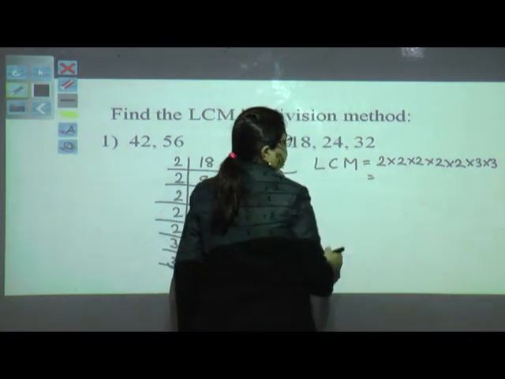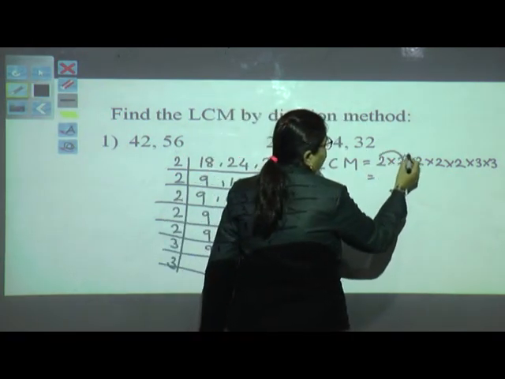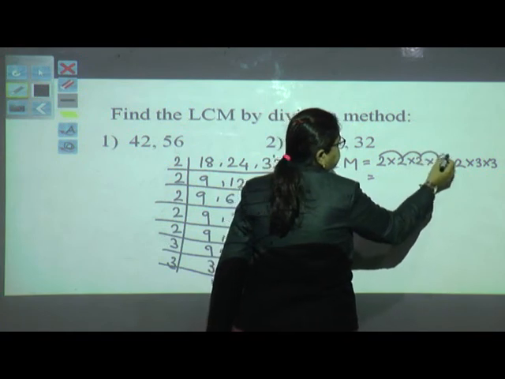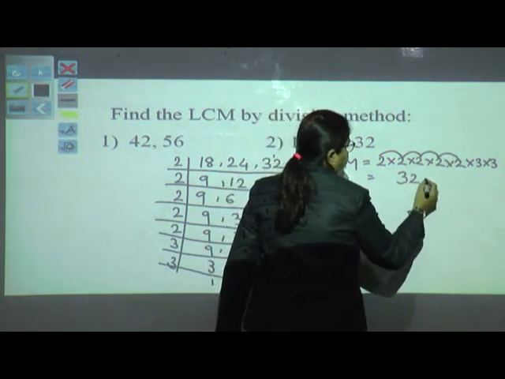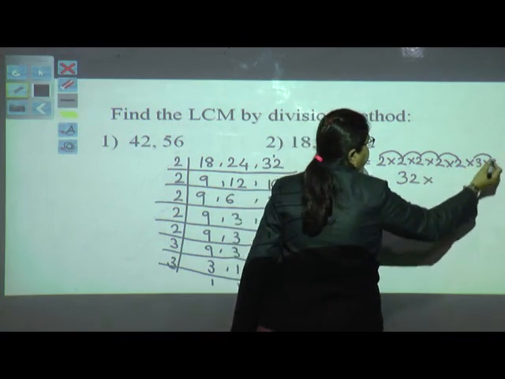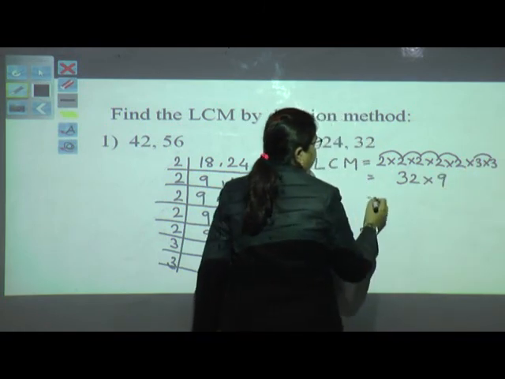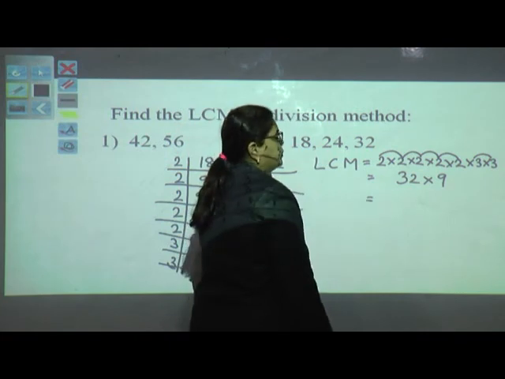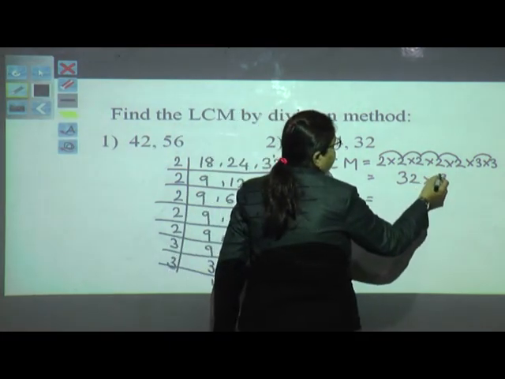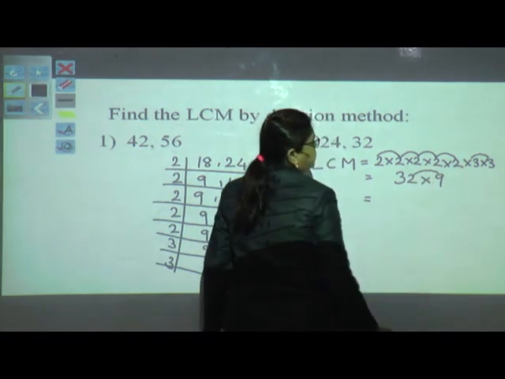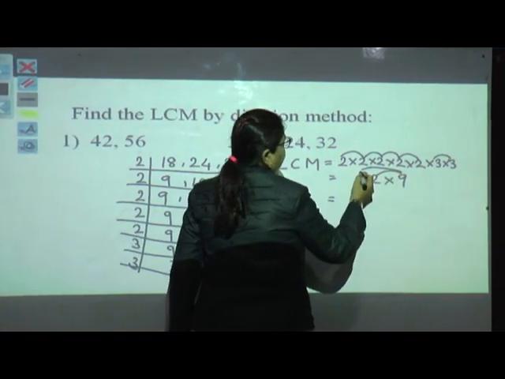Now, you know 2 2s are 4, 4 2s are 8, 8 2s are 16, 16 2s are 32, multiplied by 3 3s are 9. Now, it is very easy to do the multiplication. Already I had taught that first we have to multiply the ones, then we have to multiply the tens.